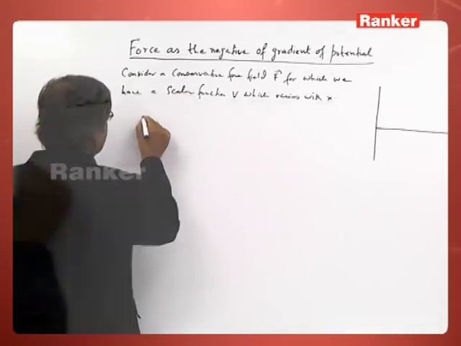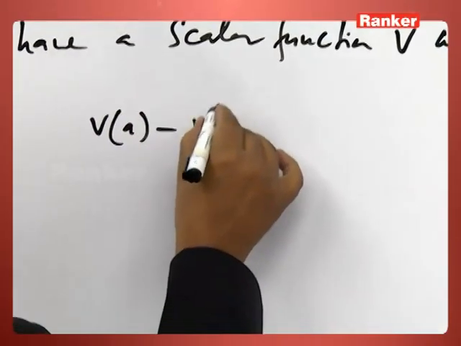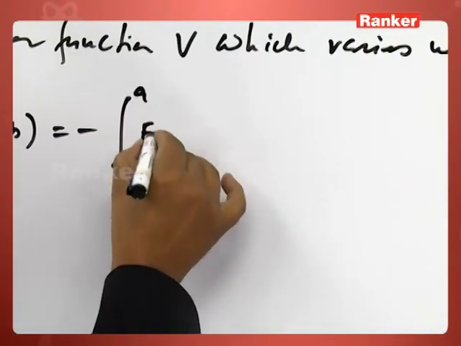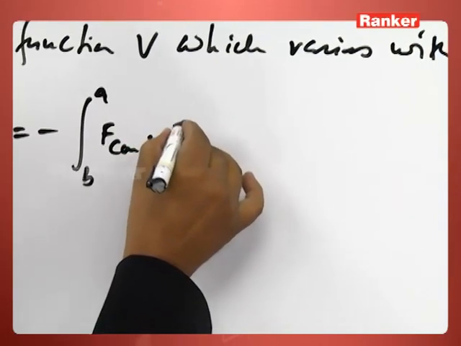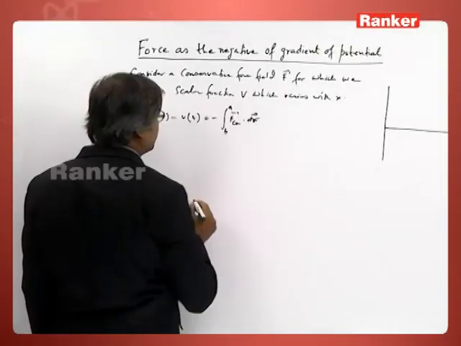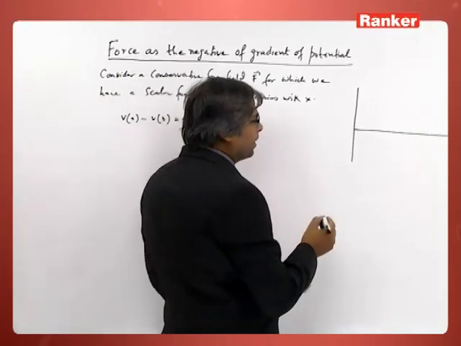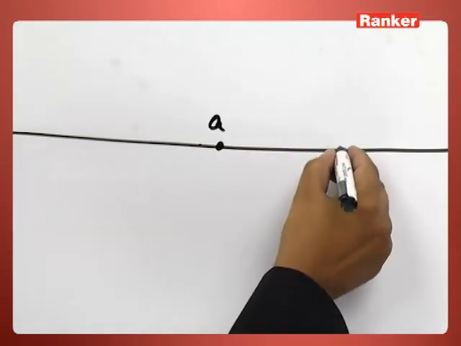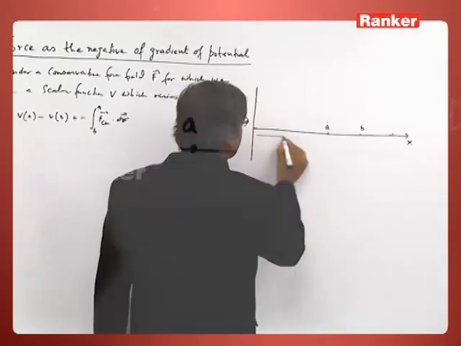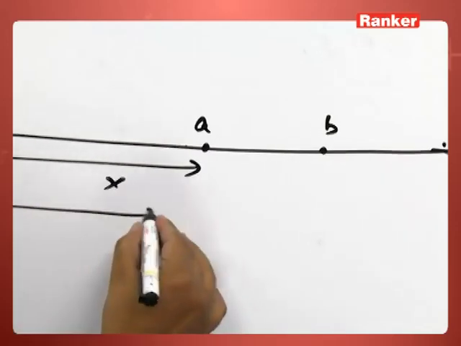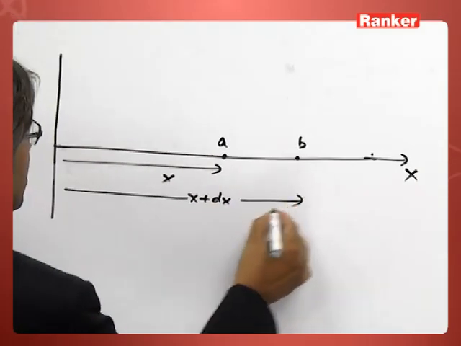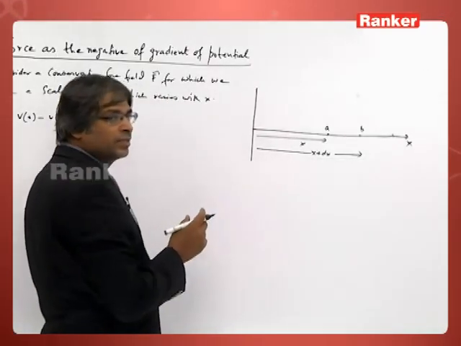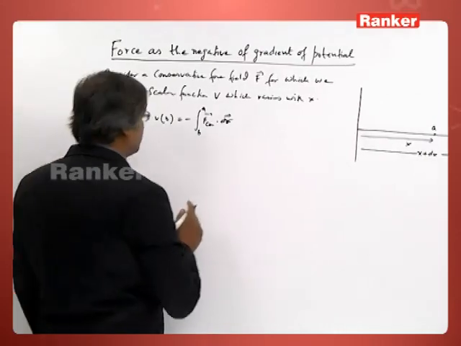So I will use the definition of potential: VA minus VB is minus B to A, F conservative dot dr. Here let us select a point called A and this point as B. This distance is x and this is x plus dx. This is a very highly exaggerated diagram. Dx is very small compared to x.